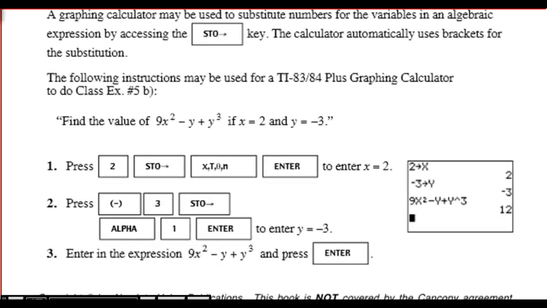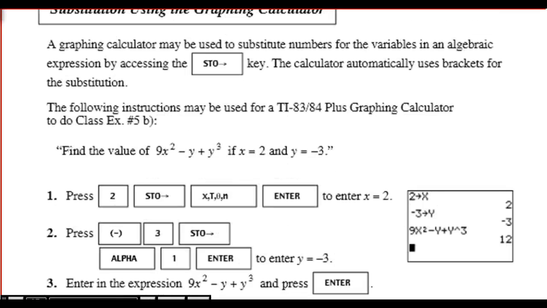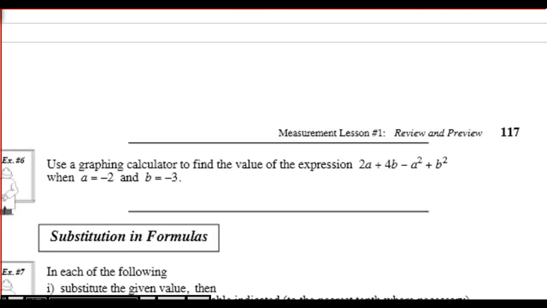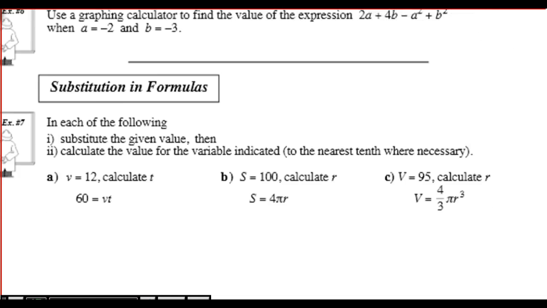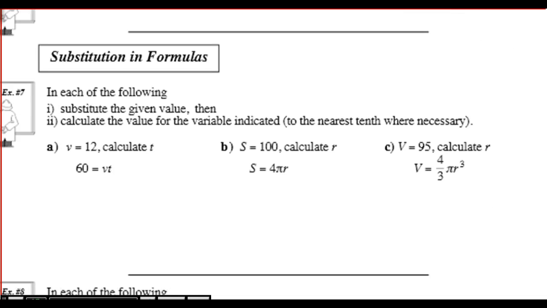And here's a calculator way using the store feature in your calculator. You can go ahead through these examples, and you'll see how your calculator can help you when you do have lots of variables in your problem. All right, so let's go down to a couple more examples here. Okay, so we can do this. So if v equals 12, calculate t.